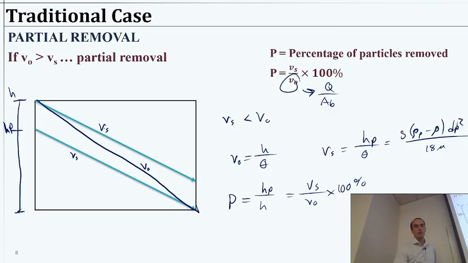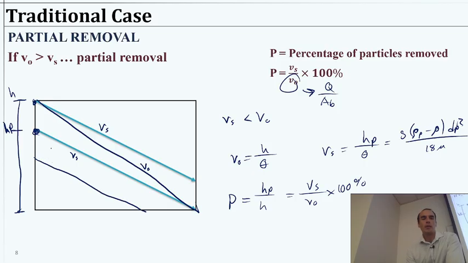Good question. So we're wondering why we have 2 different VS's drawn on here with parallel lines. This is imagining I have a particle that starts here and some other particle that starts here. And so if we take the same size particle that's traveling the same speed as a terminal settling velocity and put it in different spots, you'll notice that anything that's placed, given how this is drawn, at HP or lower, going at that speed, will be removed.